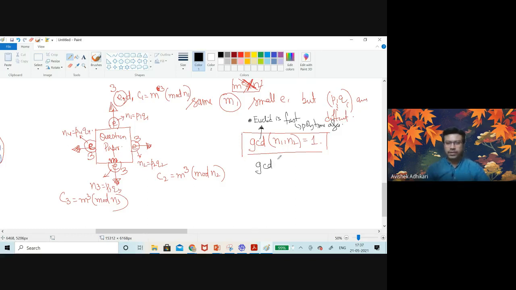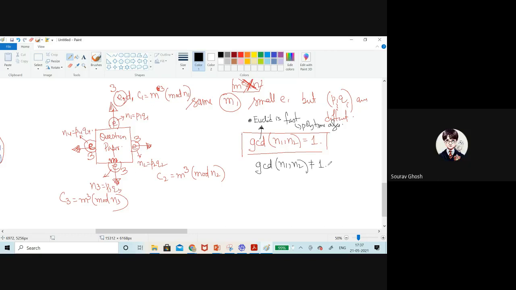If GCD of, say, N1 and N2 is not equal to 1, then what would be the problem? Anybody? Then the GCD could be P1 or Q1. Yes, then we can factor.